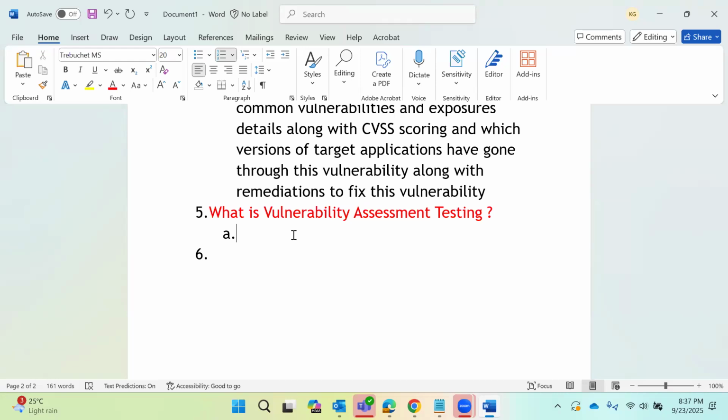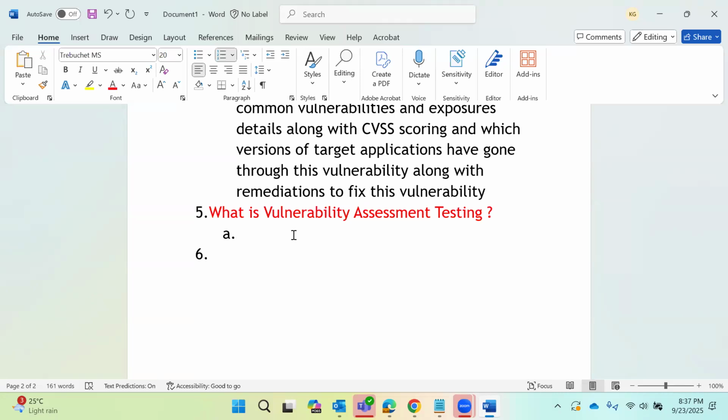If I ask the tool, can you show me the proof? It gives you only theory. When I go to the developer and say I scanned my application and found 3 threats, if the developer believes the tool, he will say, okay, I will go to the code and try to fix it. That's where vulnerability assessment testing ends.